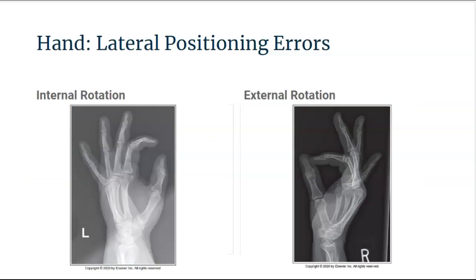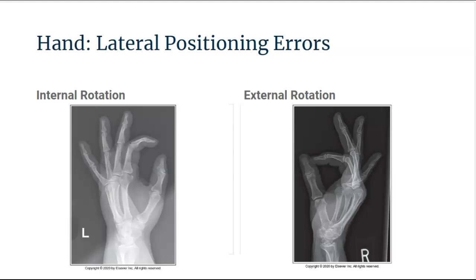When looking at the fan lateral projection of the hand, you want to make sure those midshafts of those metacarpals are fully superimposed. And in this instance, we have a projection of internal rotation and a positioning error of external rotation.